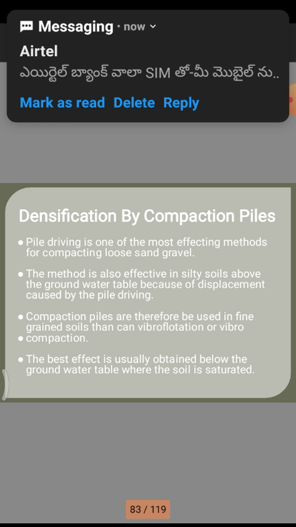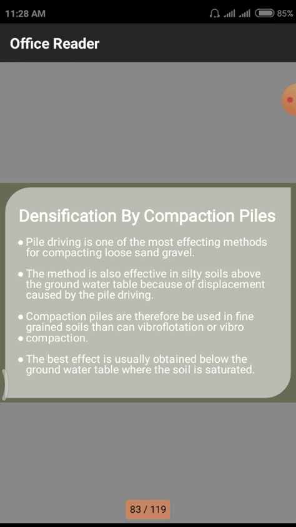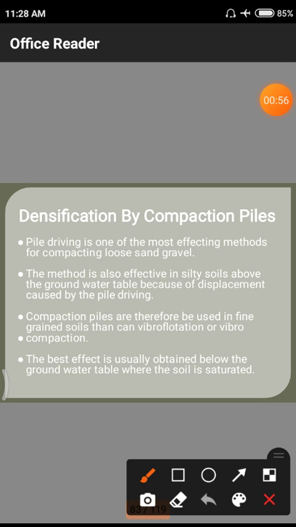Piles are a type of construction. I will show it with an example drawing. This is the ground level. This is the total foundation, particularly for the construction of a bridge.